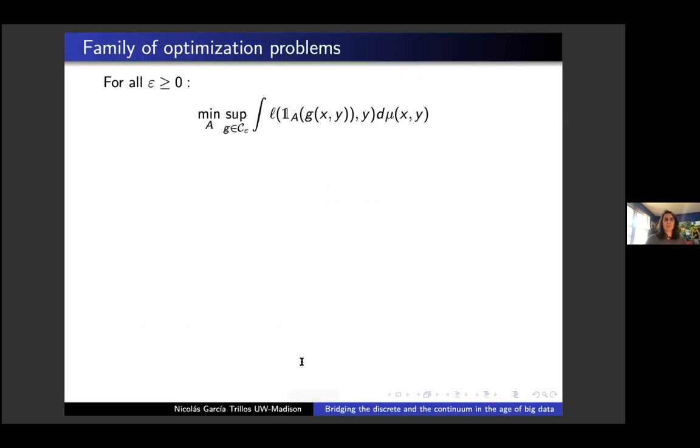Okay, so let's go back to the overall general problem we're considering. Minimization over sets, supremum over these attacks that I described earlier, and then we have this objective, this integral over here. In a sense, we can also interpret this in a more abstract setting. We have a variable beta, which here is the set A, and then we have some objective function I'm calling f beta epsilon.